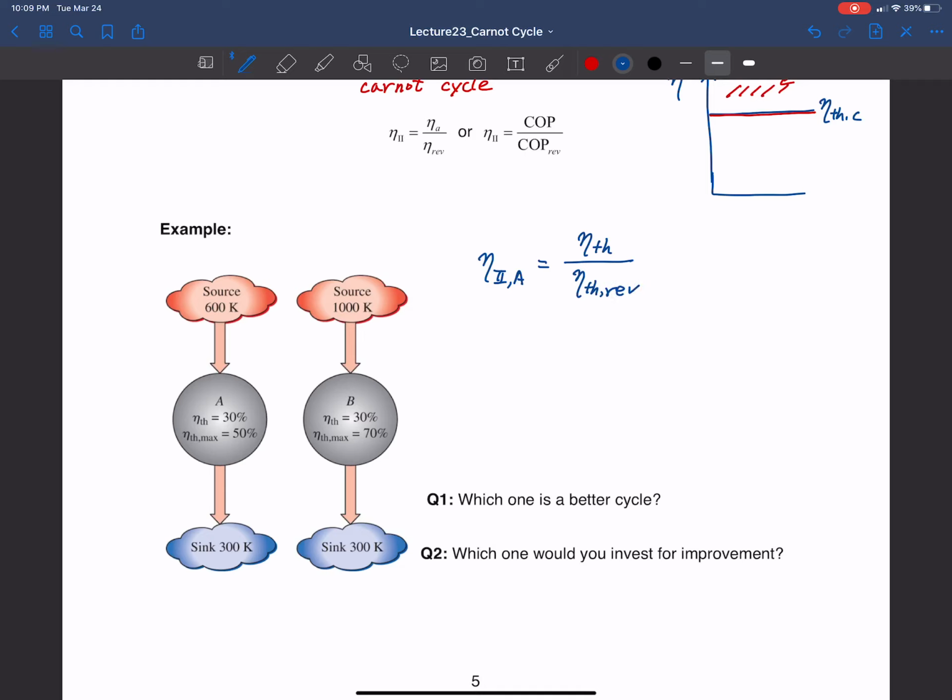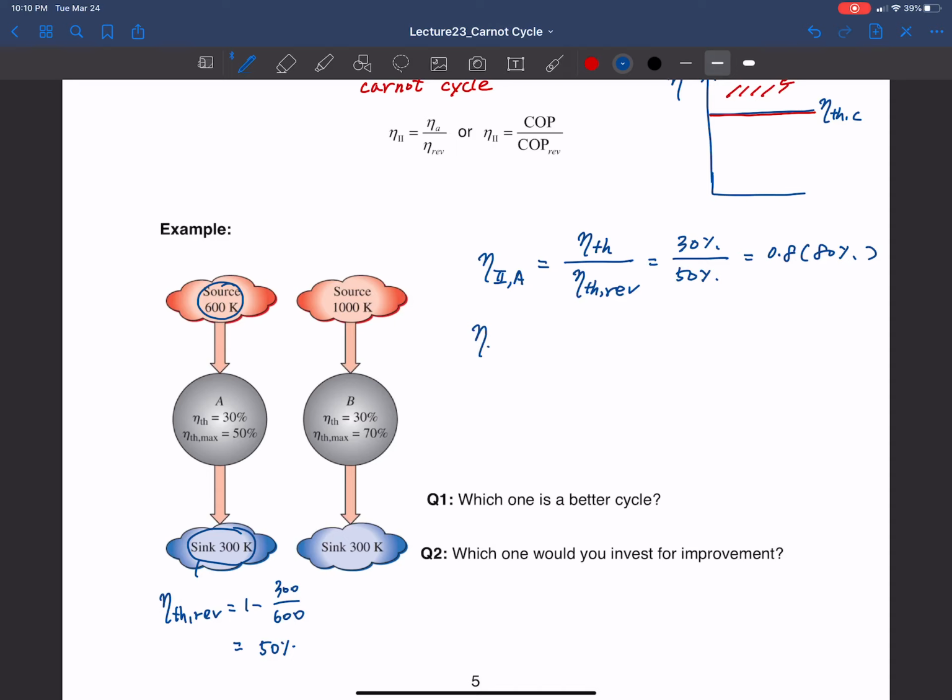Now from the given source temperature and sink temperature, your Carnot efficiency, reversible, is 1 minus 300 over 600, which is 50%. Now that gives us 30% divided by 50%. So the second law efficiency of engine A is 0.6 or 60%.